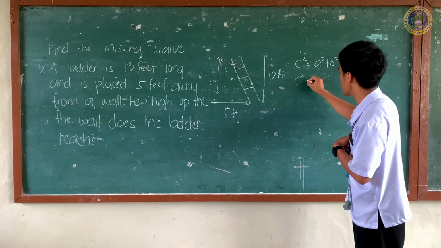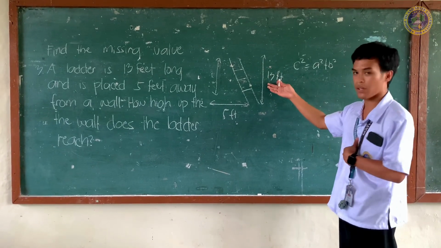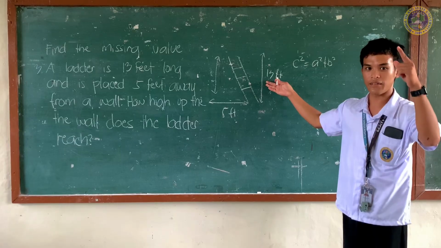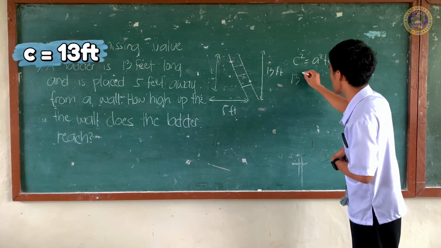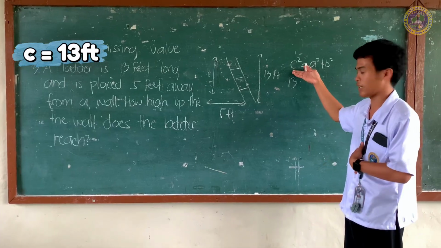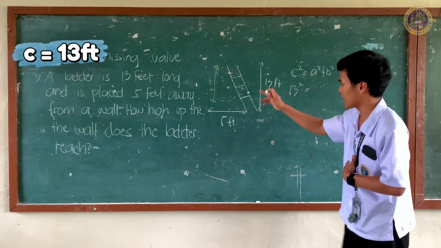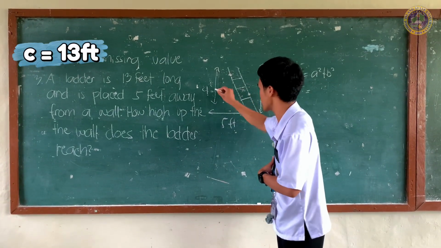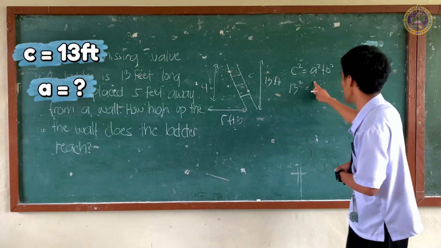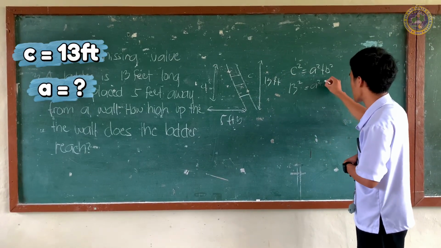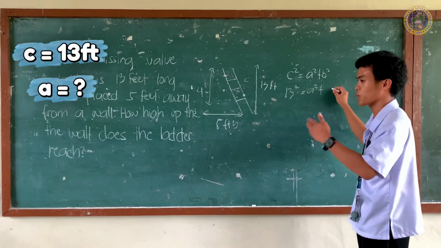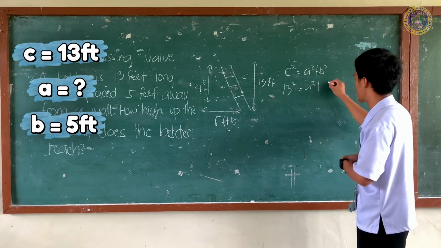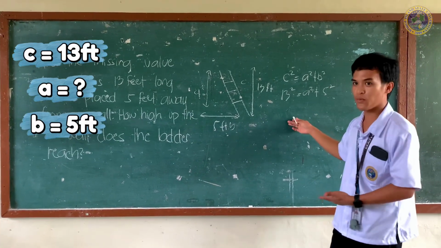So c squared, c is the length of the ladder, which is 30 feet. So 30 feet squared, since it is squared in the formula. So a is our missing side here. So this is a, this is b, this is c. So a is missing, we leave a. Plus b is our base, which is the 5 feet, the distance between the wall and the foot of the ladder. So 5 squared. And then we simplify.